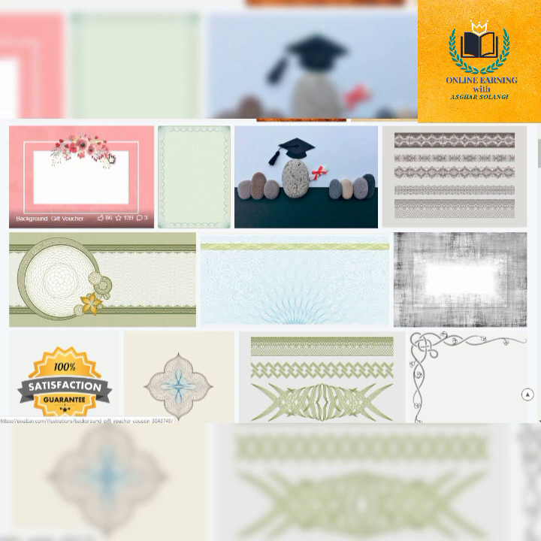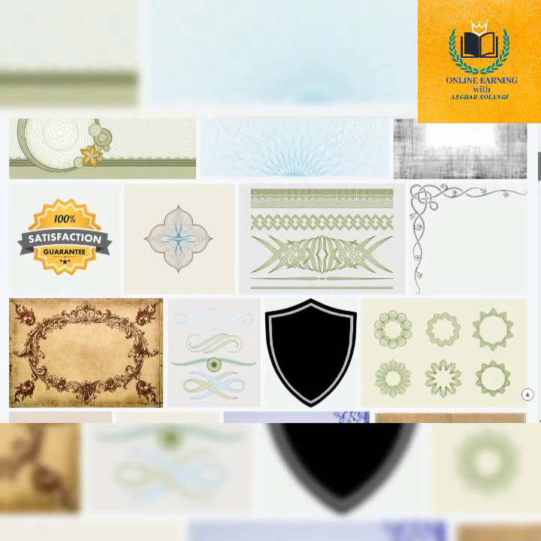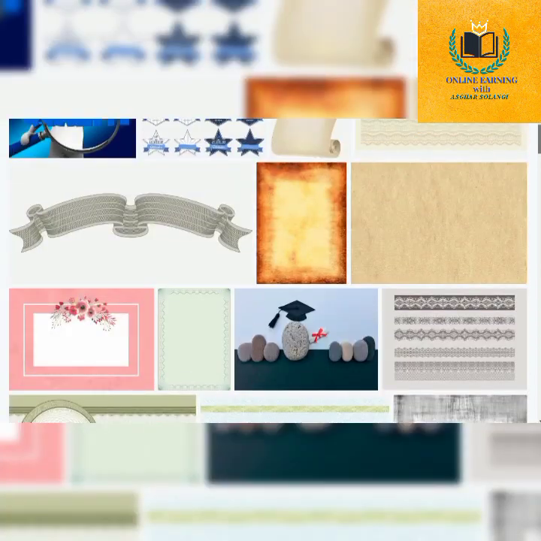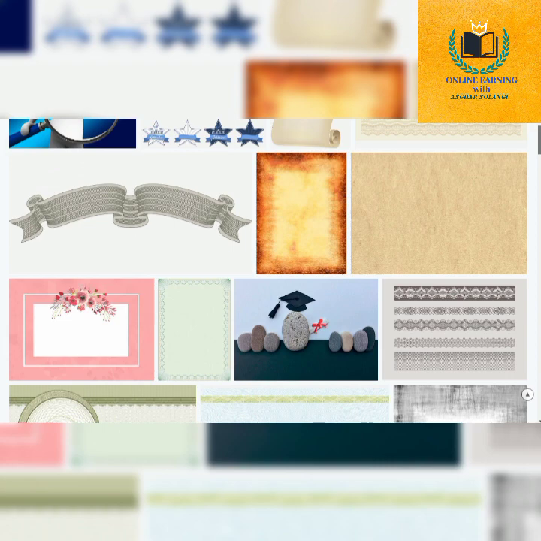So it's okay to have some words, but you do want to have some bare spots. For example, a certificate with a lot of words like this would not work. So all you need to do is simply download one of these.